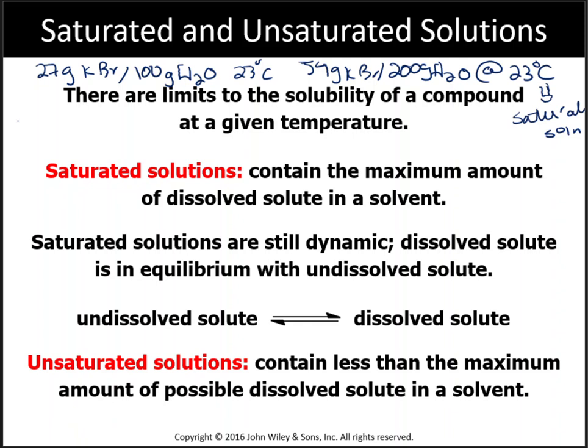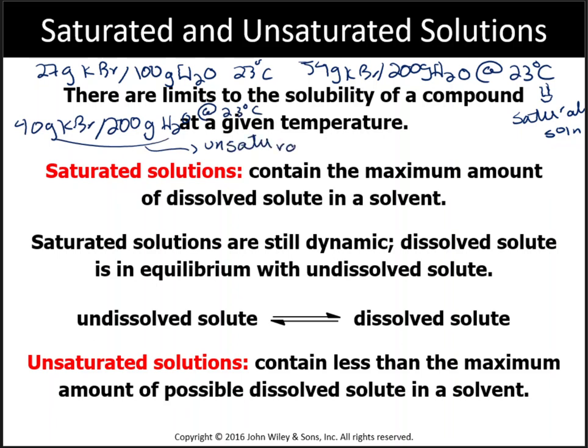Now, if I have, let's say, 40 grams of potassium bromide in 200 grams of water, again at 23 degrees Celsius, this becomes an unsaturated solution, because we're dissolving less than the maximum amount of potassium bromide in 200 grams of water. The maximum amount we can dissolve in 200 grams of water at 23 degrees Celsius is 54 grams.